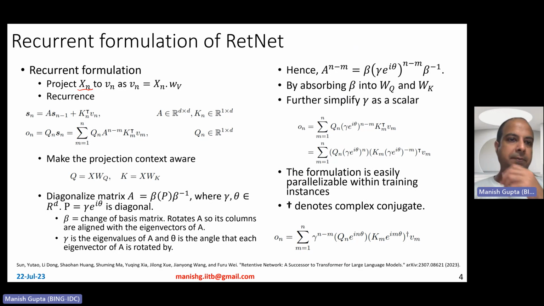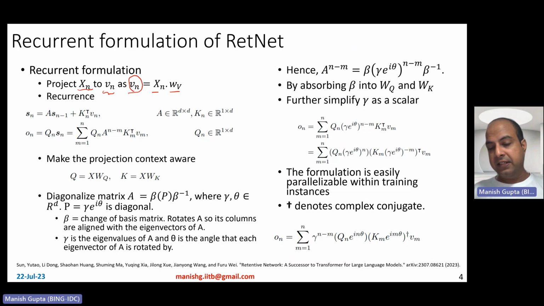So there are n different tokens. Now, the first step is to project it to Vn. So you take a token and multiply by some weight matrix, or a weight vector, and you get Vn. It's best to think of Vn as a number for this slide, but later we will see it can be generalized to a vector, as we will see in the matrix form in the next slide. But think of it for now as a number.